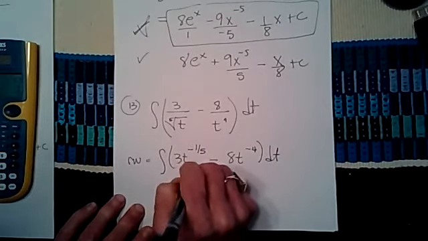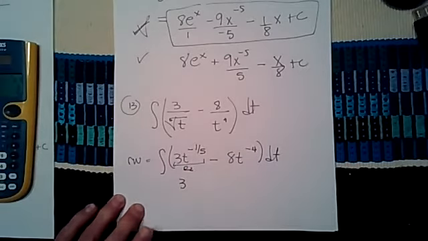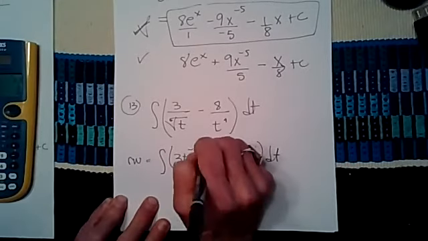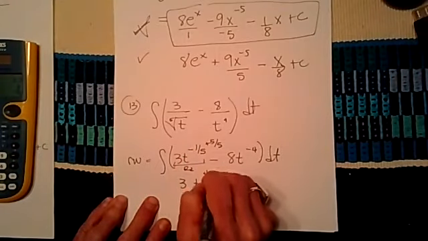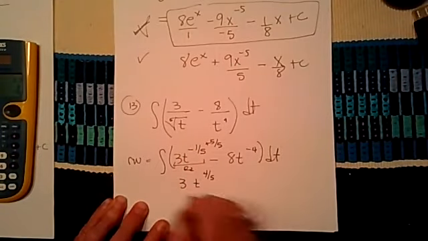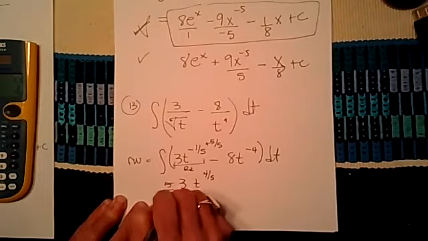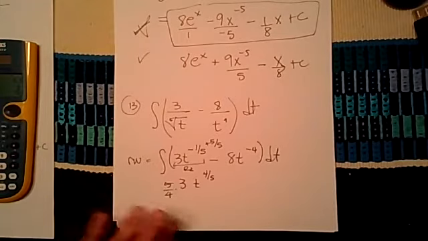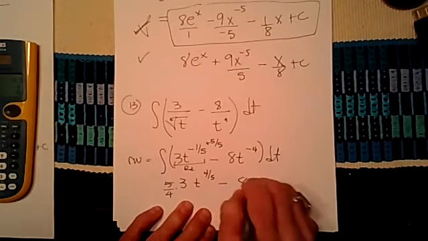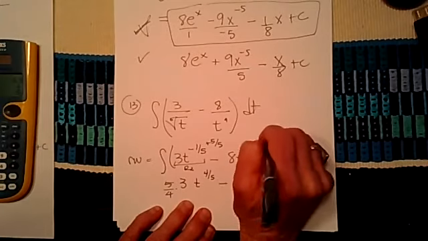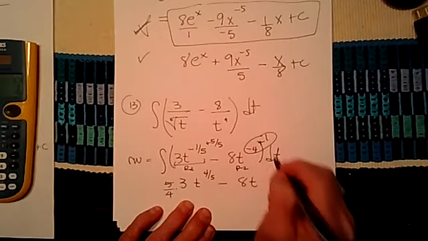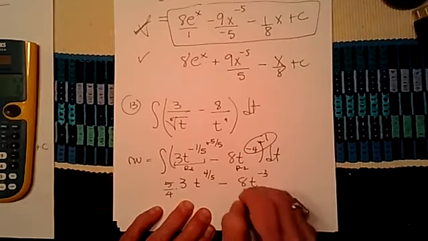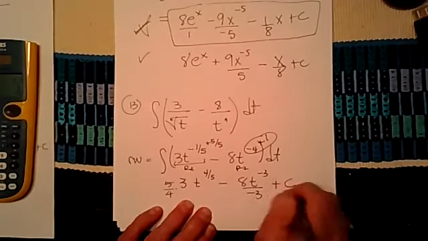So I bring my constant. These are both rule 2, because my exponent is not negative 1. t, when I add 1 to negative 1/5, I get 4/5, and it's a fraction, so I divide by 4/5 or I multiply by 5 over 4. Minus 8t, when I add 1, because I'm using rule 2 again, negative 4 plus 1 is negative 3 divided by negative 3 plus c.